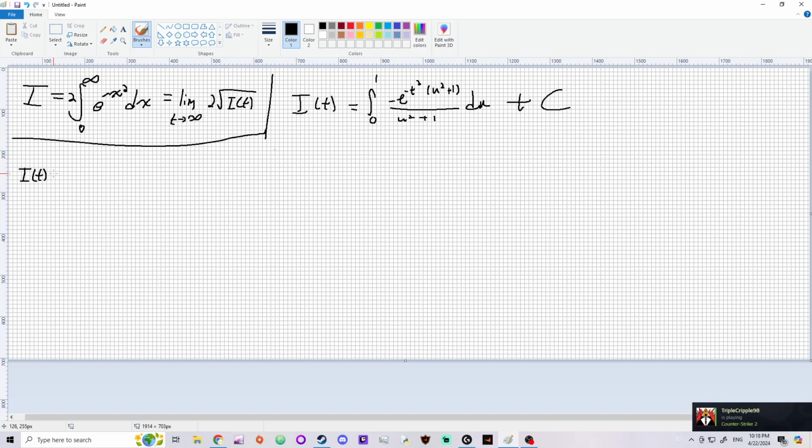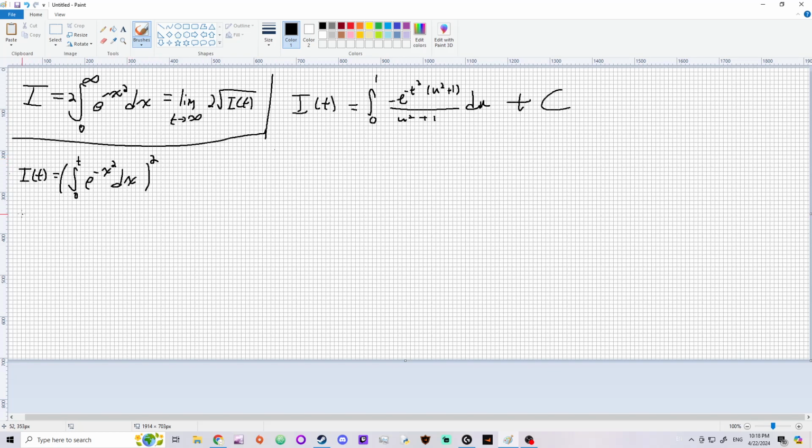I of t is equal to the integral from 0 all the way up to t of e to the negative x squared dx. I think this is squared, right? Yeah, this was our original integral.